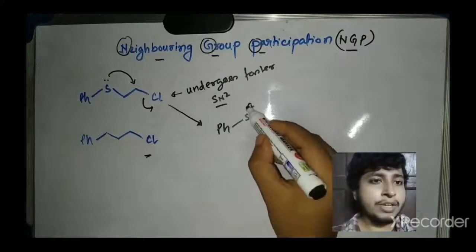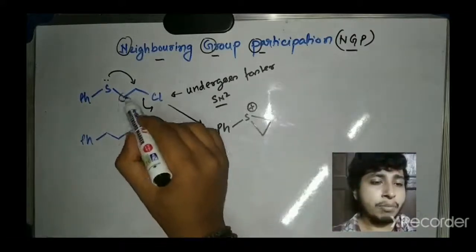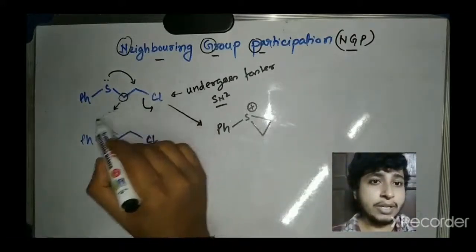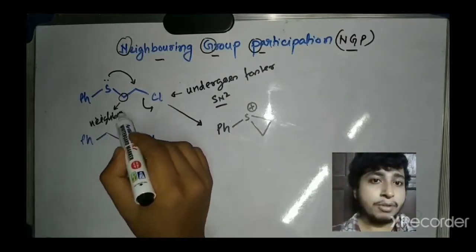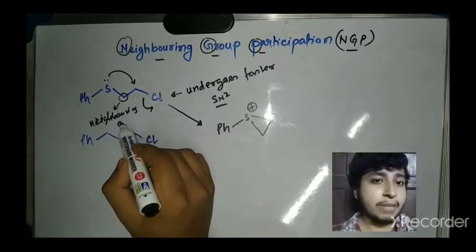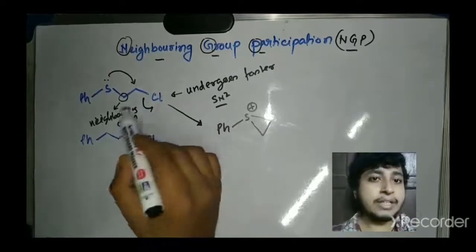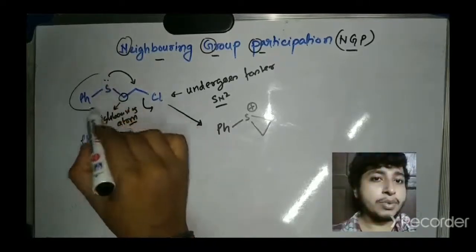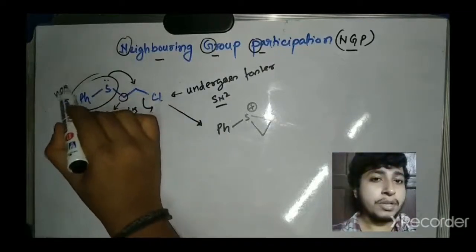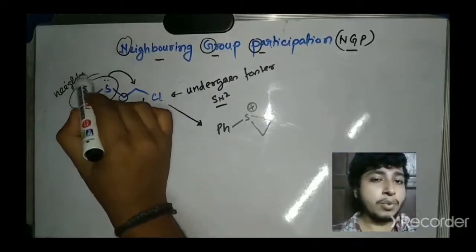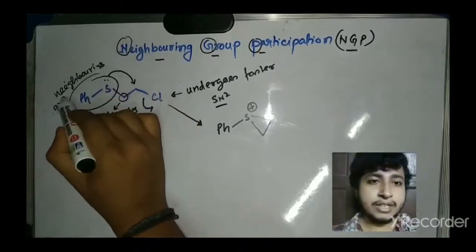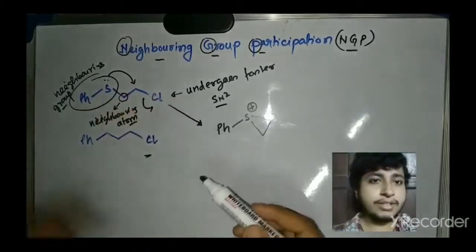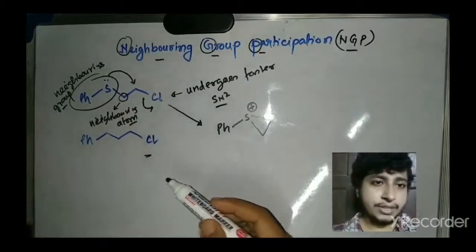This is a three-membered intermediate where the sulfur has a positive charge, and this is known as neighboring group participation. Why? Because this carbon is the neighboring atom, and the group attached to this atom is the neighboring group. So this PhS is the neighboring group, and it is participating in this reaction, and hence this reaction is known as the NGP reaction.